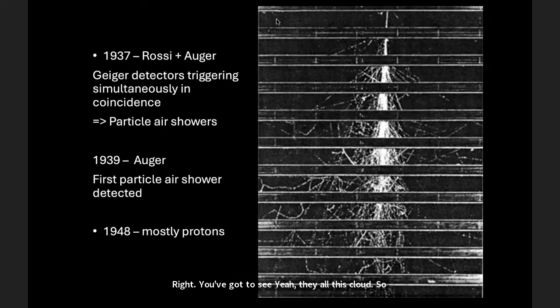So they made an array of these cloud chambers, and they took a picture of what we know as a particle air shower. Here, one particle arrived at this chamber. Somehow these are plates of very heavy elements so that they interact with it. This is a particle reaction. They break the molecules, and then all the particles that are produced take a piece of the original energy of the primary. We call this the primary.